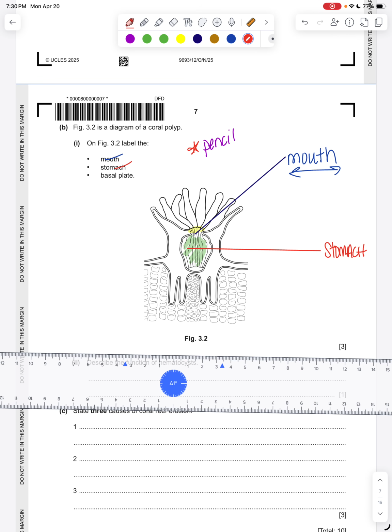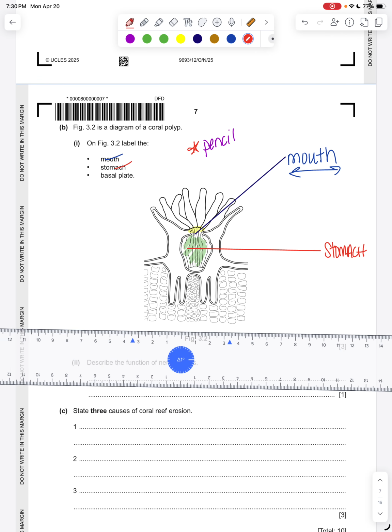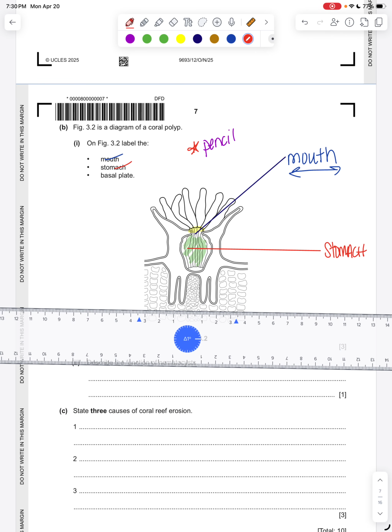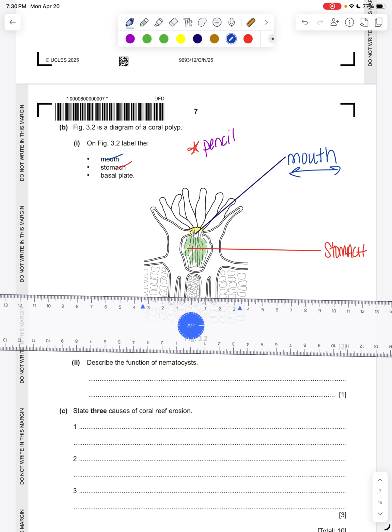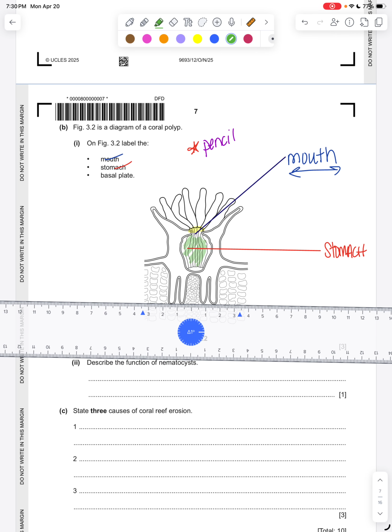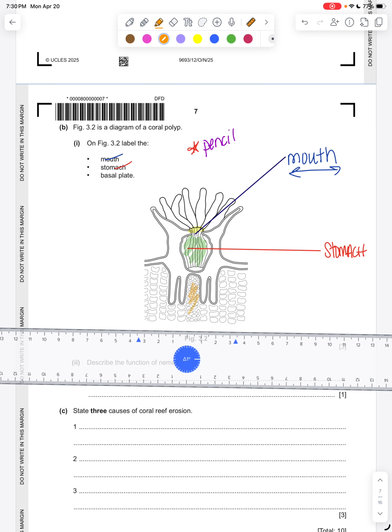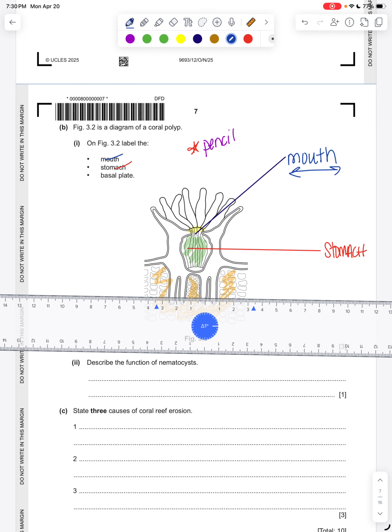The basal plate attaches a coral polyp to a hard rocky substrate. Down here is going to be our basal plate.